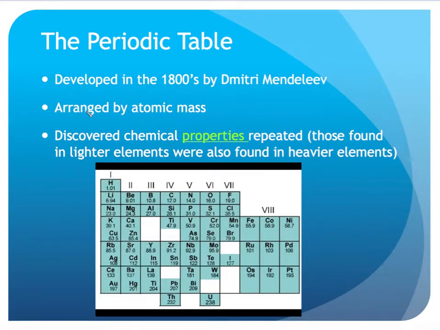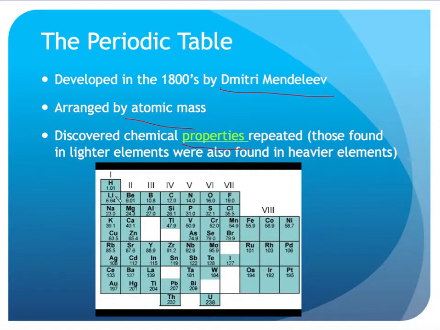So let's get started. The periodic table was first developed in the 1800s by a fellow named Dmitri Mendeleev. Mendeleev arranged his periodic table with all the known elements, which is shown here, by atomic mass. When he did this, he discovered that chemical properties happened over and over again.